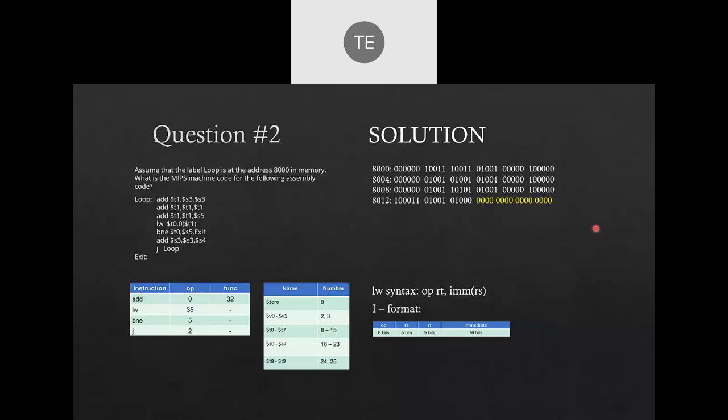But this time, the fourth line is LW, which comes from load word. It requires another format to translate the assembly language so the machine can understand. That format is called the I format, which has a different syntax from the previous format, and the syntax and the format are right here on the right-hand side.